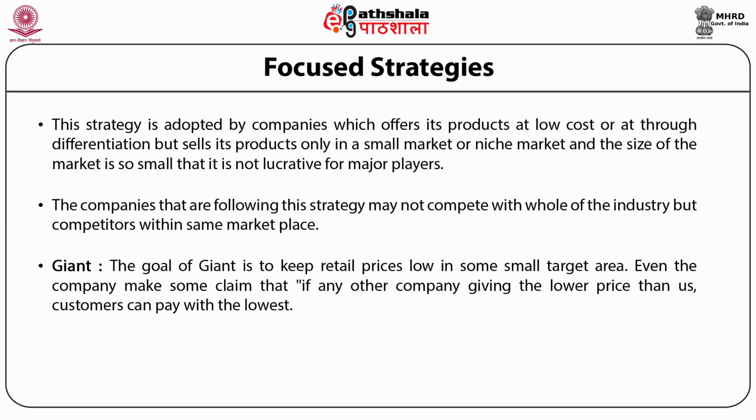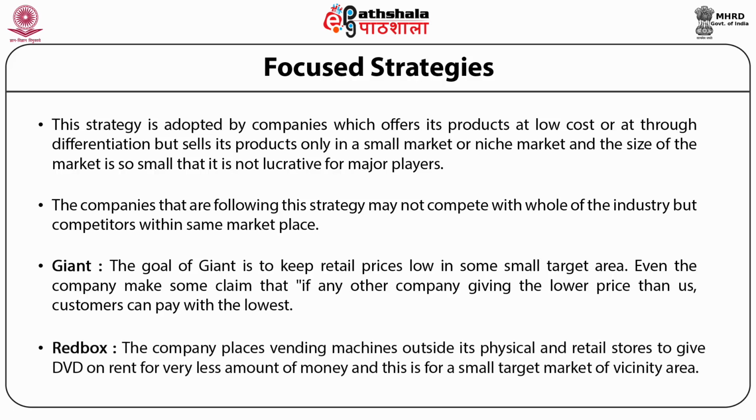Another example is Redbox. This company places vending machines outside its physical and retail stores to give DVDs on rent for very little money, and this is for a small target market of the vicinity area.